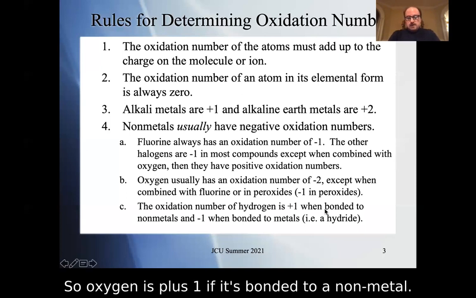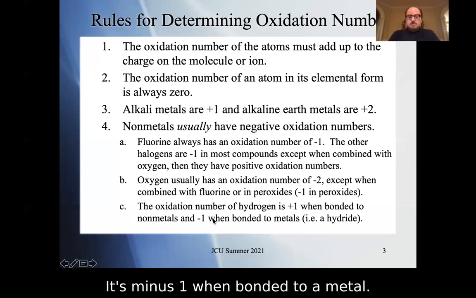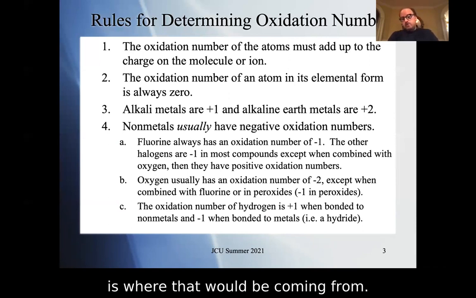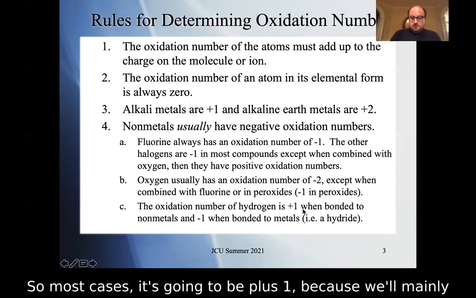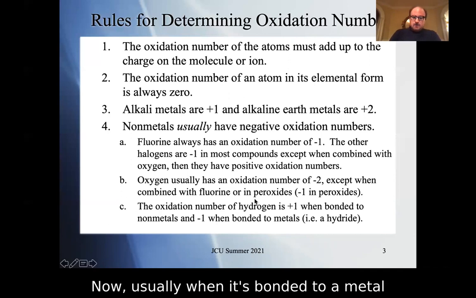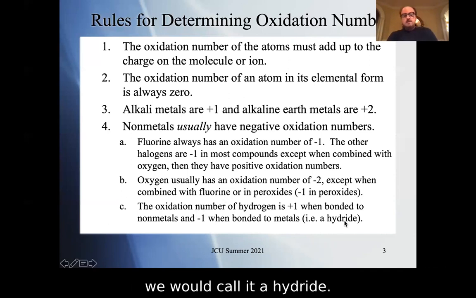So hydrogen is +1 if it's bonded to a nonmetal. It's -1 when bonded to a metal. Again, all based on the relative electronegativity difference. So in most cases it's going to be +1 because we'll mainly be focusing on it with respect to nonmetals. Now, usually when it's bonded to a metal, we would call it a hydride. And again, that's where it would have the -1 oxidation state.